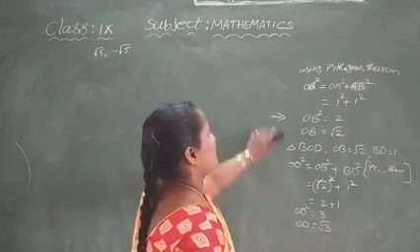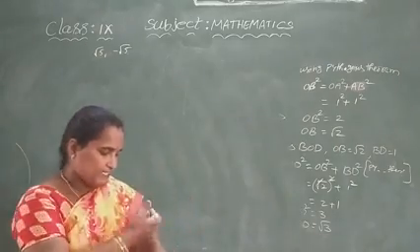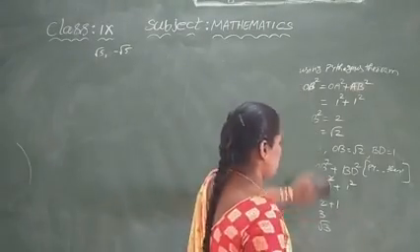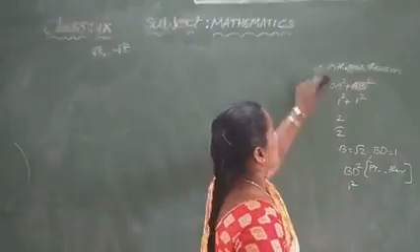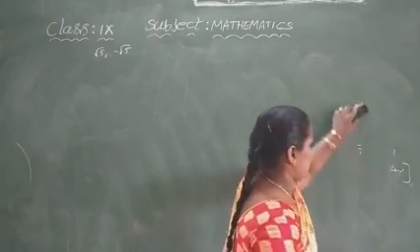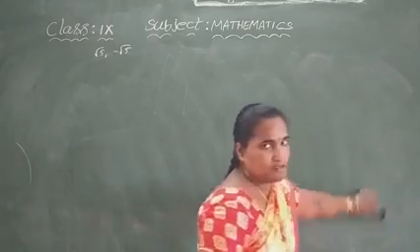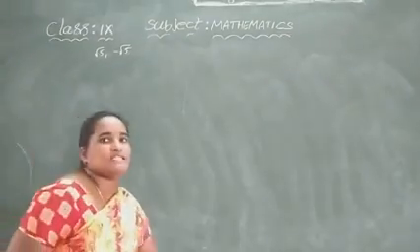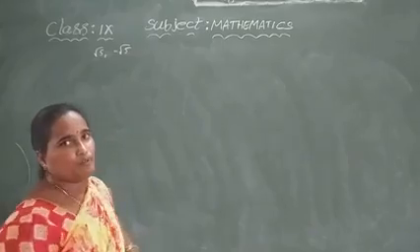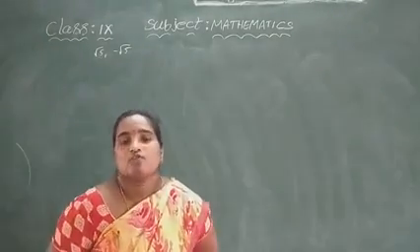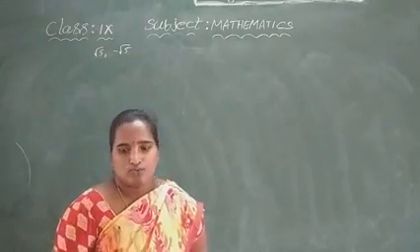Which is the perfect square nearest to 5? For example, 1 square is 1, 2 square is 4, 3 square is 9. 9 is the greatest one and 4 is the smallest one nearest to 5. That means the square root of 4 is 2. Okay ma? Square root of 4 is 2.